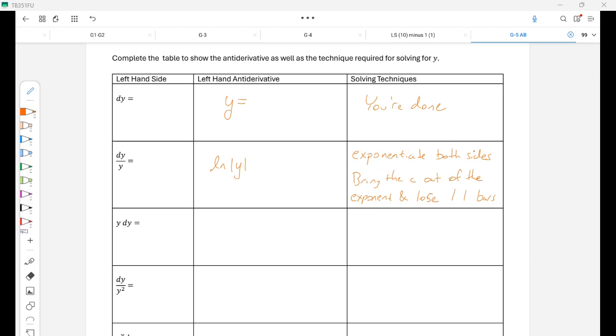All right, next example is y dy. When I take that antiderivative, what am I going to get? Yep, y squared over 2. So obviously I have to multiply both sides by 2. You can leave the c alone when you do that.